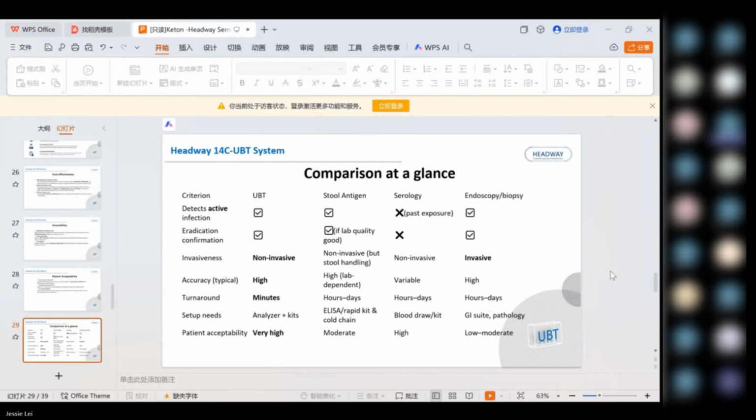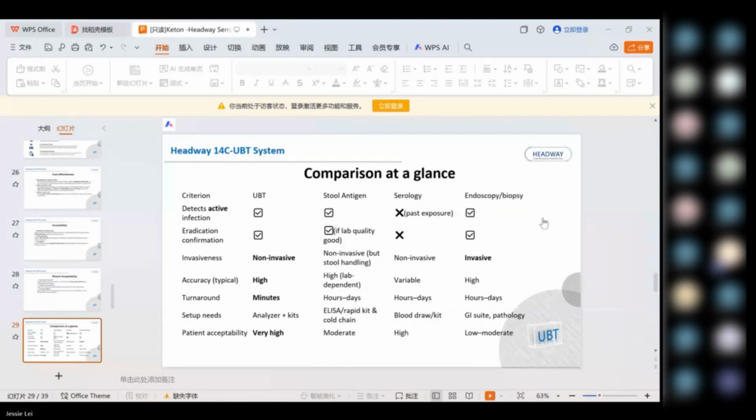Okay, the next question is from Subira. Can UBT differentiate between active H. pylori infection from colonizers? Leo, you want to pick this up? UBT can identify the active infection of H. pylori.